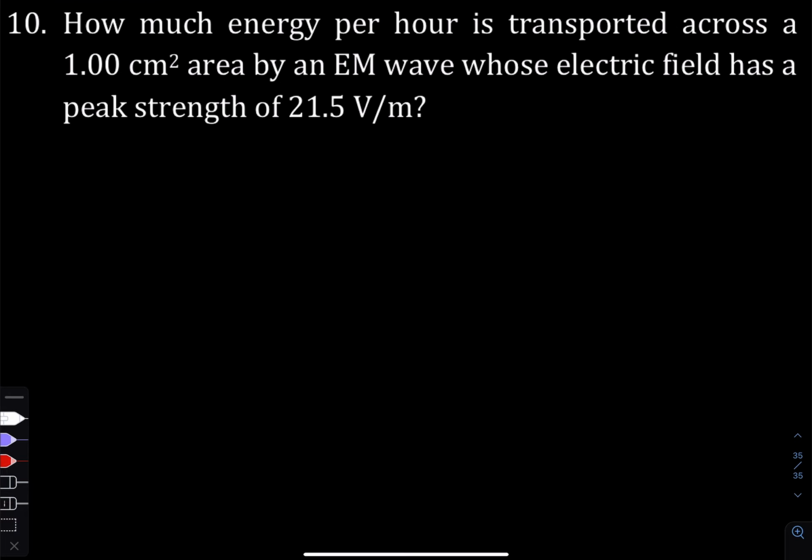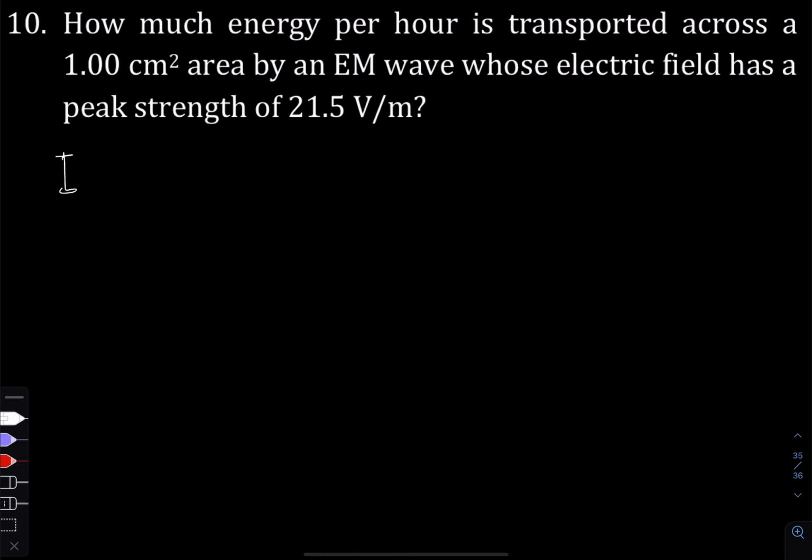All right. Now this is a bit of a different question, so try this on your own. If you can't get it, then just watch how I do it. So we're asked how much energy per hour is transported across a 1 centimeter squared area by an electromagnetic wave whose electric field has a peak strength of 21.5 volts per meter. What we want is energy per hour. Now we have a couple of concepts we can use.